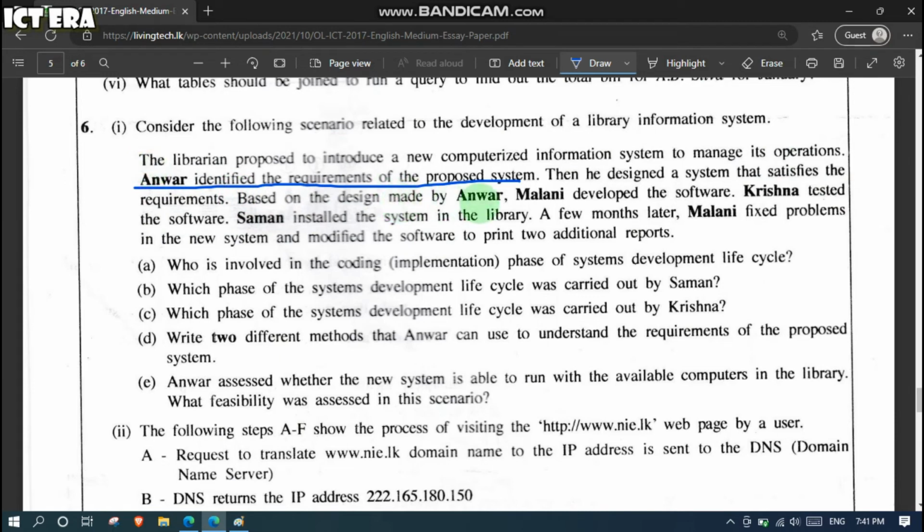Based on the design made by Anwar, Malani is developing the software, that means coding the software. Then Krishna is testing that software and finding the errors and debugging them. Then Saman installed the system and Malani fixed problems in the new system and modified the software to print 2 additional reports.